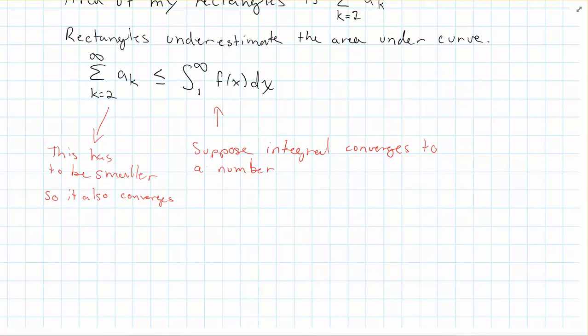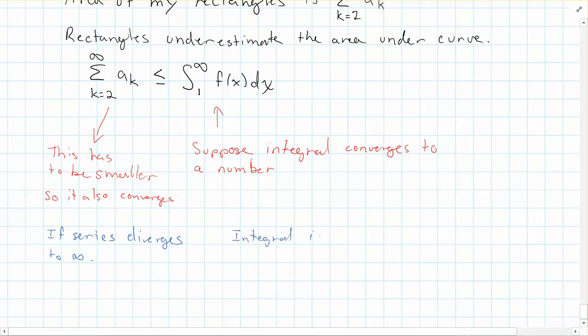Now we have to also consider the diverging cases. If the series diverges, let's say, to infinity, well then the integral is bigger, which is weird to say it's bigger than infinity, but it's bigger, so it has to diverge to infinity.